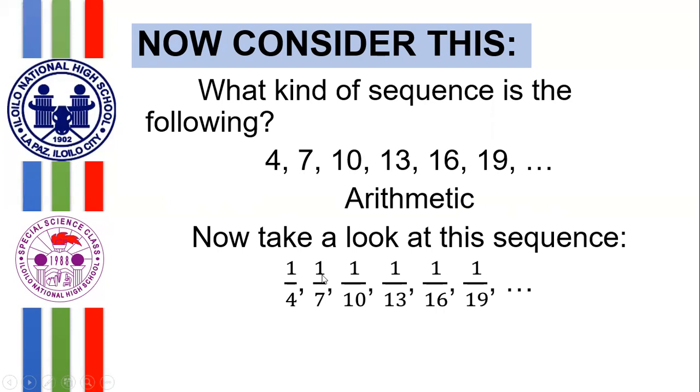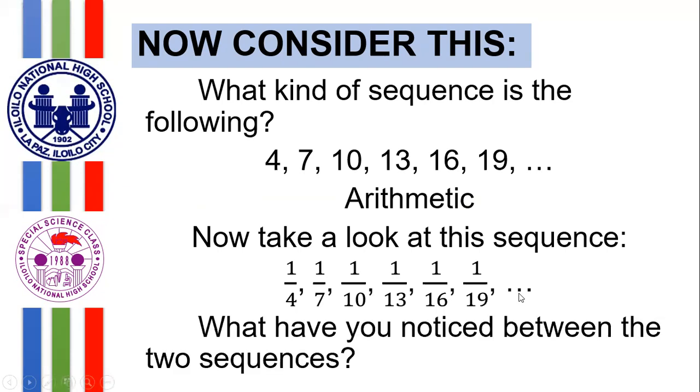I have here 1/4, 1/7, 1/10, 1/13, 1/16, 1/19, and so on. What have you noticed between the two sequences? How did I get the second sequence in relation to the first?